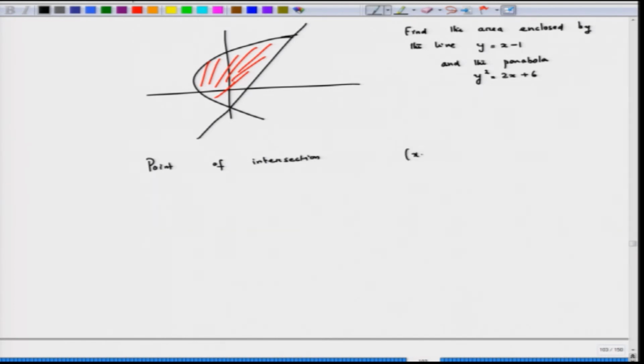Here, x minus 1 whole square is equal to 2x plus 6. This will imply that x square minus 2x plus 1 is equal to 2x plus 6.